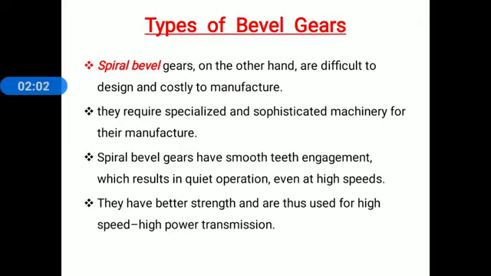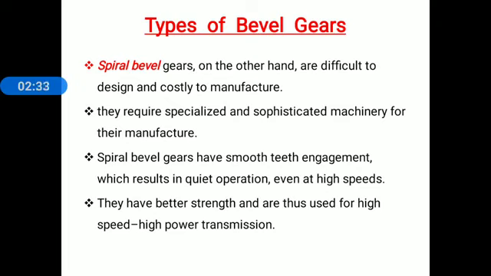Spiral bevel gears, on the other hand, are difficult to design and costly to manufacture, because to manufacture them we need specialized tools and sophisticated machinery. Spiral bevel gears have smooth teeth engagement which results in quiet operation even at high speed.